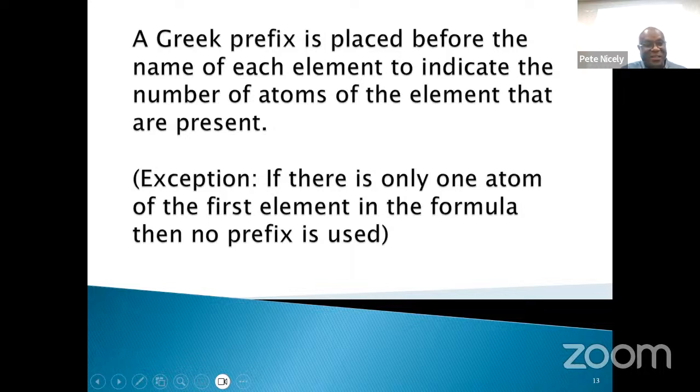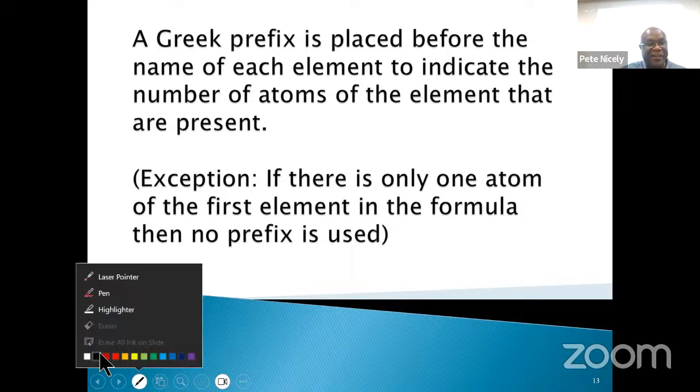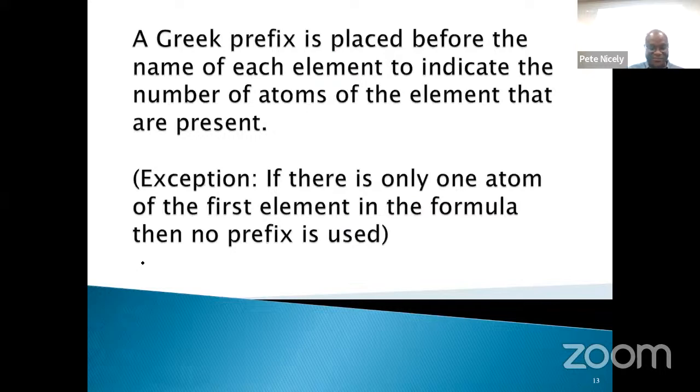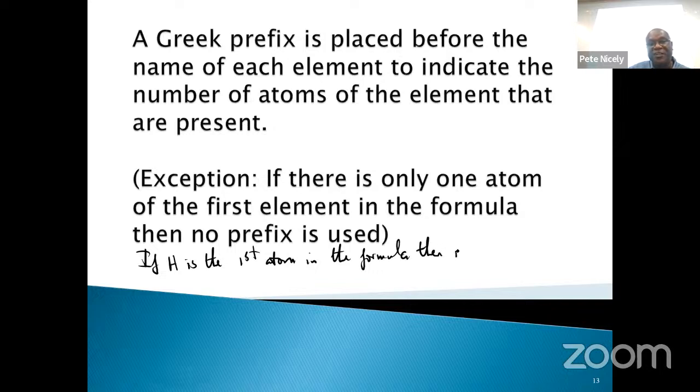Another exception, which I don't have here, so I'm going to write it down, is that if hydrogen is the first atom in the formula, then no prefixes are used whatsoever.